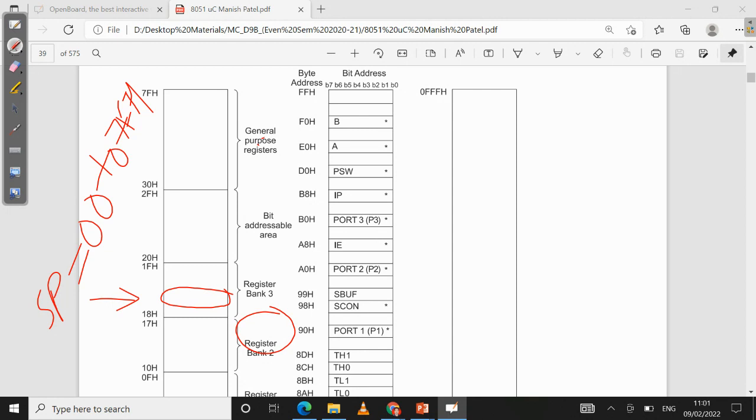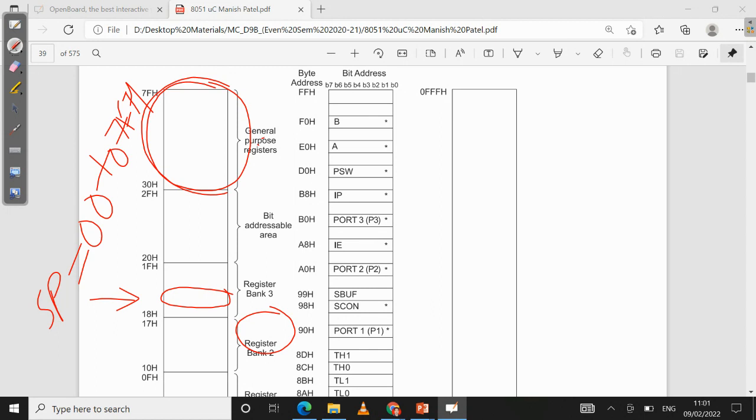But most of the time, we will use stack from where? From general purpose register. That is the meaning of this. Mostly, we will take the stack from the general purpose register, because general purpose register is used to hold the temporary data or the intermediate data. ओके, तो हम यूजुअली ये यूज करेंगे.